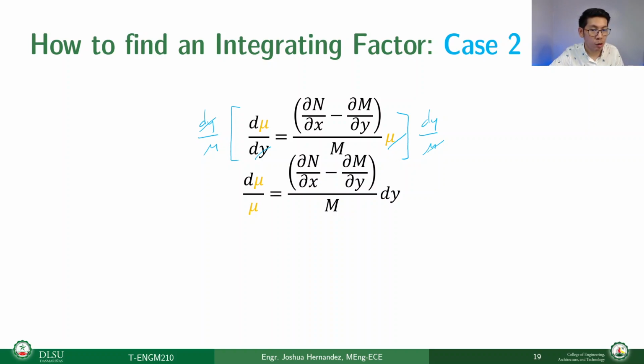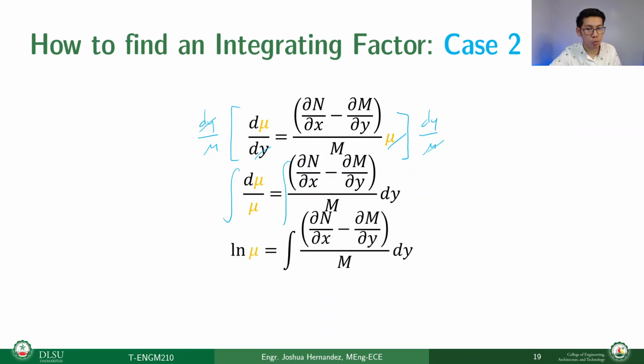In this case, d mu over mu, and then dy on this right-hand side. Integrating both sides will give us ln u, the integral of partial derivative of N with respect to x minus partial derivative of M with respect to y over M.